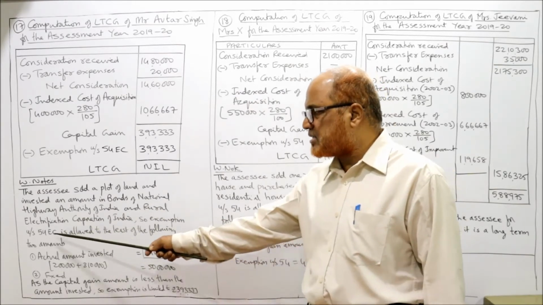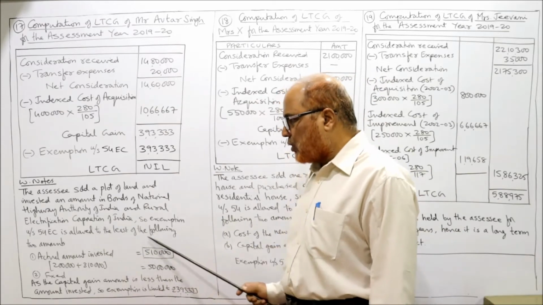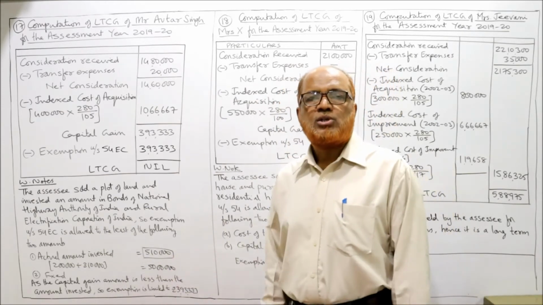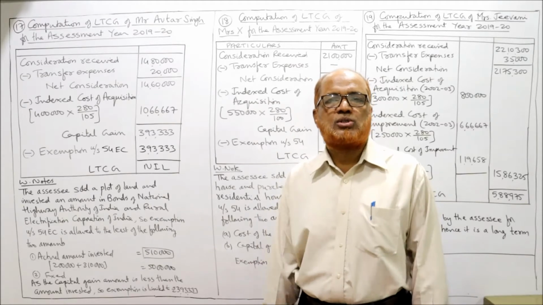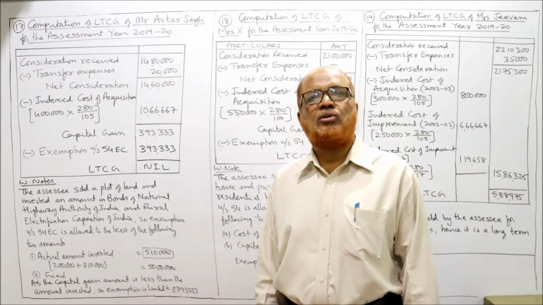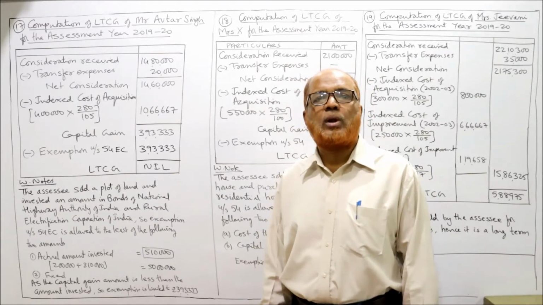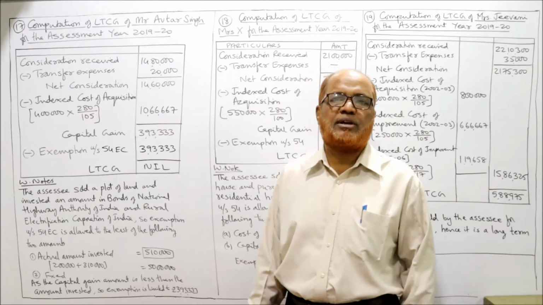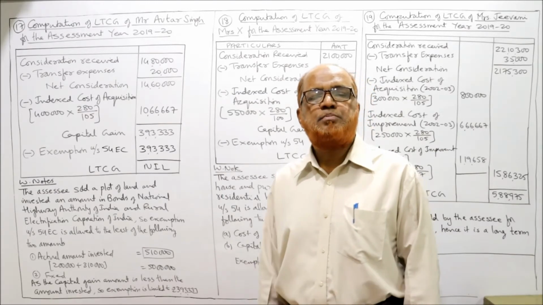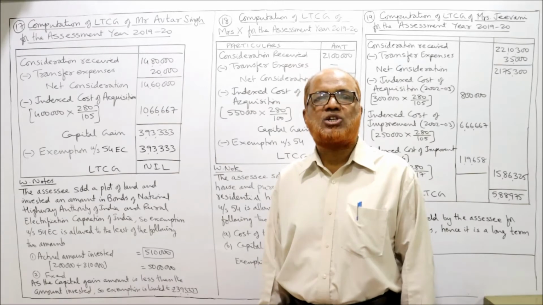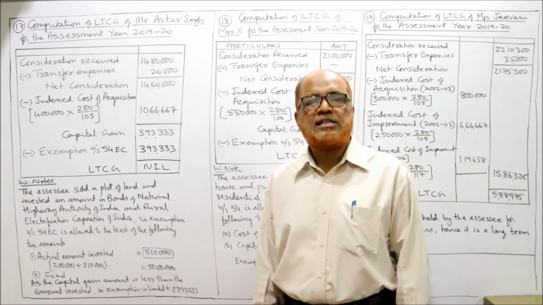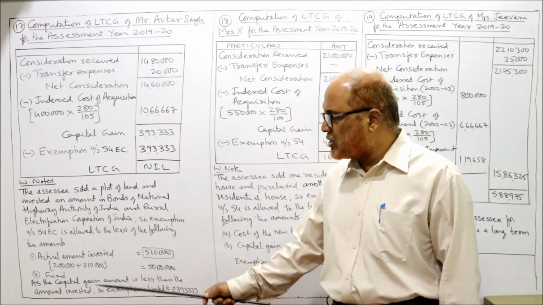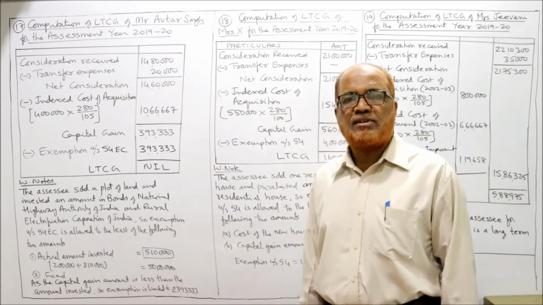So exemption under section 54EC is allowed to the least of the following two amounts. When the amount is invested in bonds of National Highway Authority of India or bonds of Rural Electrification Corporation Limited, these are the specified securities under section 54EC. The exemption is the least of the following two amounts. First, the actual amount invested.